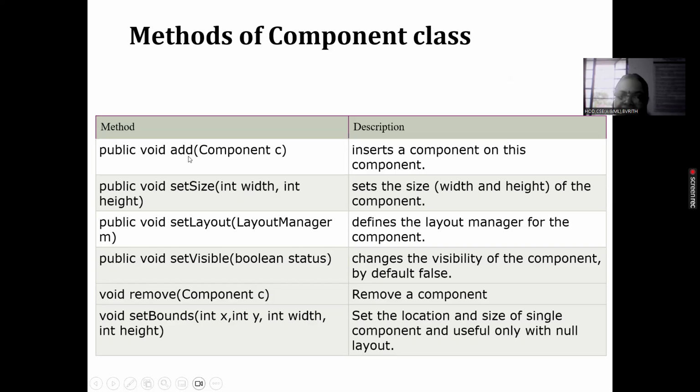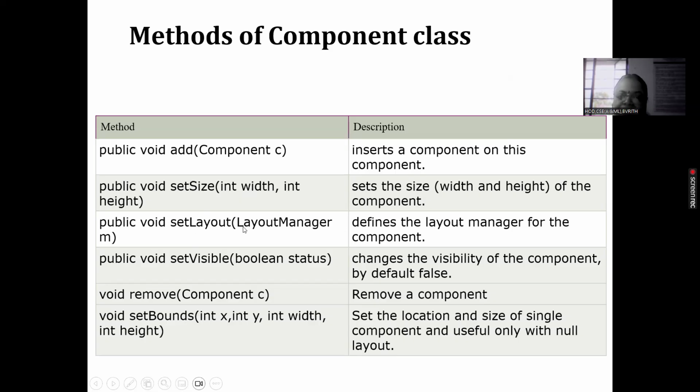We also have some default methods in the component class. The same methods are used for the remaining component classes, like the add method for adding a component, the set size method, and the set layout method. Whenever you want to specify the size of a component, we have the set size method.